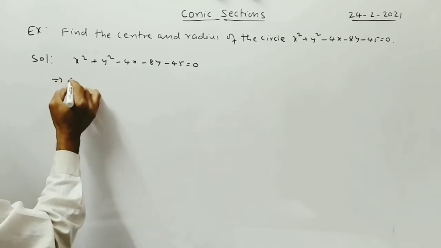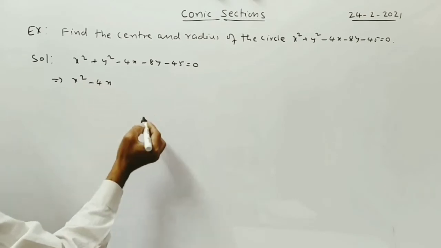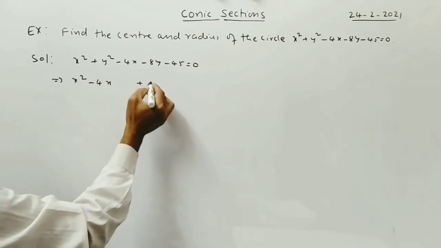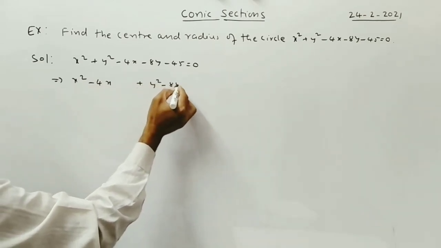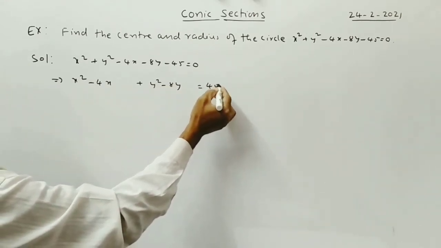This implies x square minus 4x plus y square minus 8y is equal to 45.